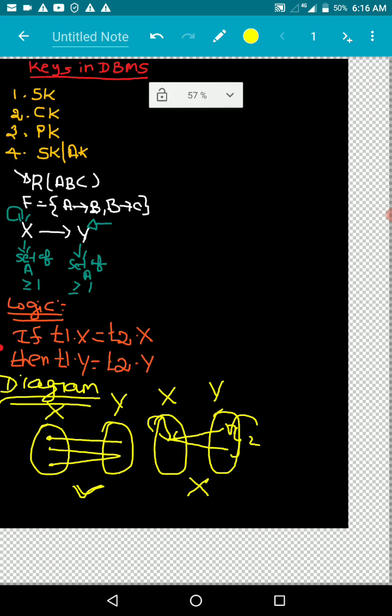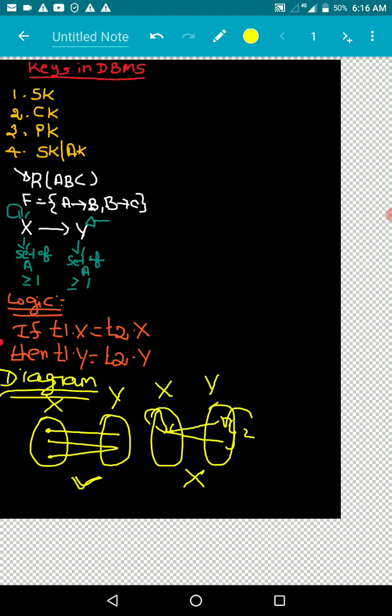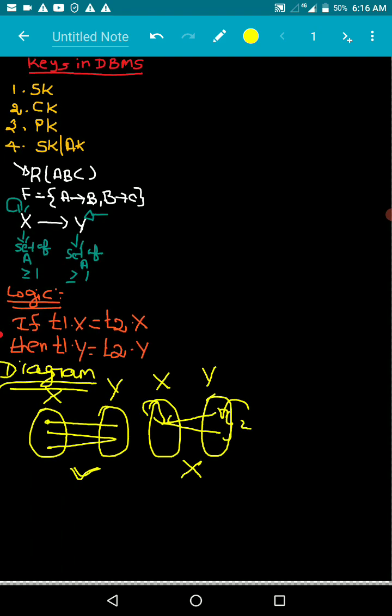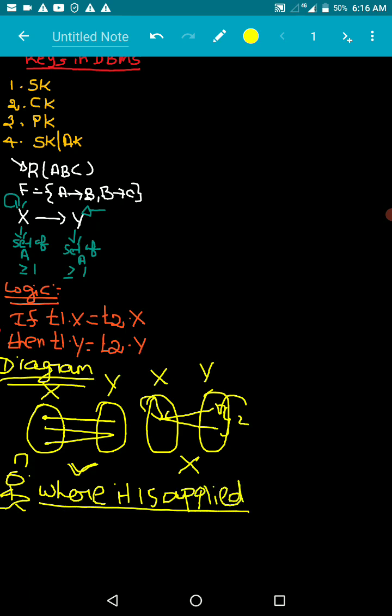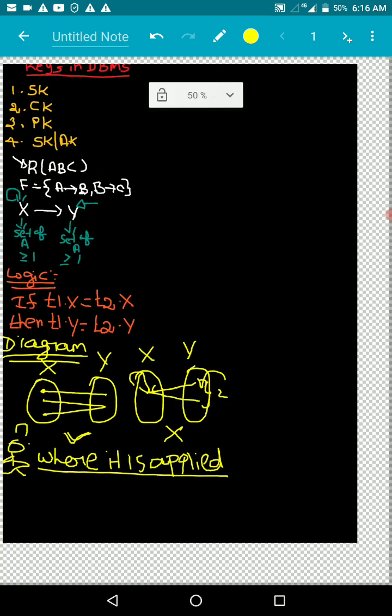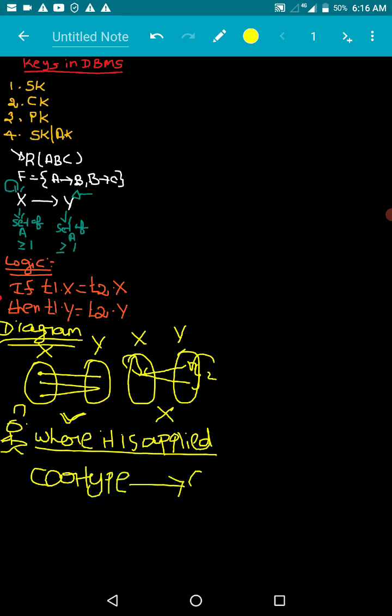Now we have an idea about what a functional dependency is. But the question is, where is it applied? Actually, a functional dependency is an encoding form of business logic. For example, car type is an attribute that determines the car parking area.